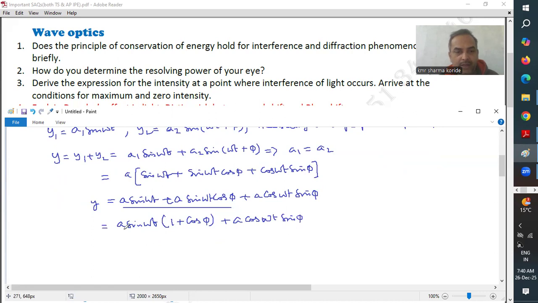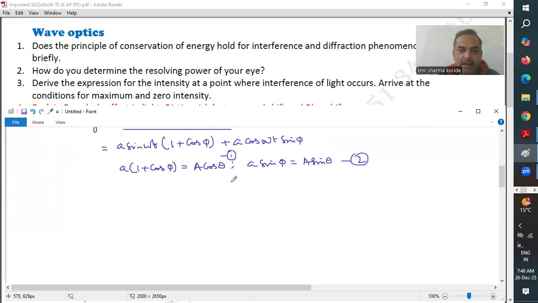Now treat A times (1 plus cos phi) as A cos theta. Similarly, treat A sin phi as A sin theta.